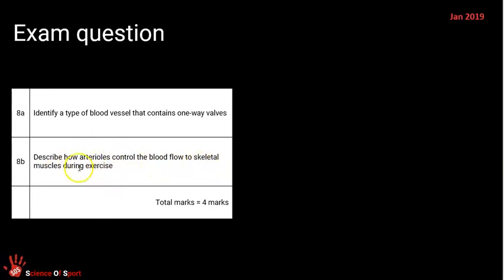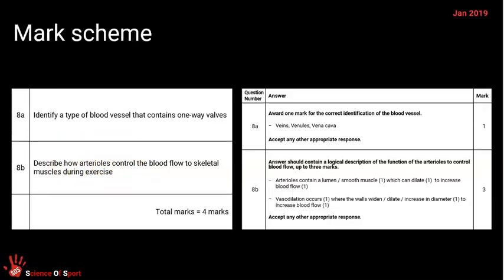So that's a really big question. So 1 mark, identify a vessel that contains one-way valves. 3 marks, describe how arterioles control blood flow. So they want to know about vascular shunt here. So here it is. You could have picked veins, I think is the most obvious one. Venules, some venules do, but I think veins are the main ones that have the one-way valves. Well, they've allowed you to name the main vein, that would be okay.